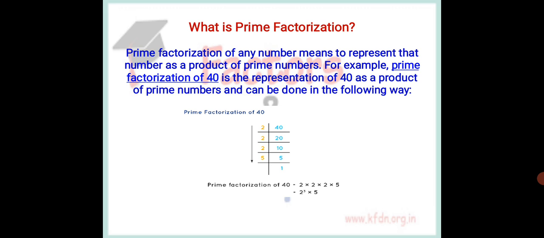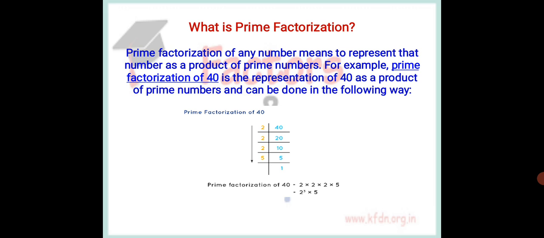Divide 40 by 2. As we know, 2 is a prime number. We get the result 20. Similarly, again divide 20 by 2. Result 10.